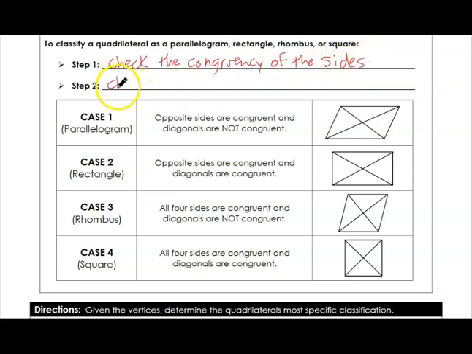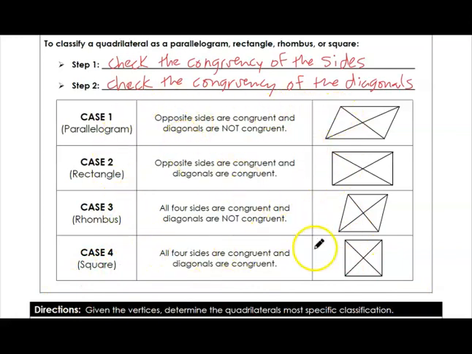And then we will check the congruency of the diagonals. And you have the 4 cases presented here. I think I'll just start walking you through some examples.